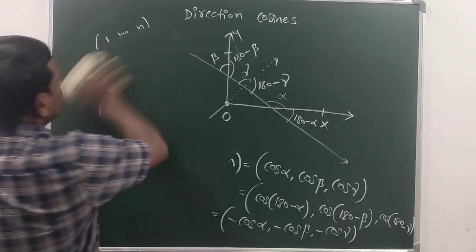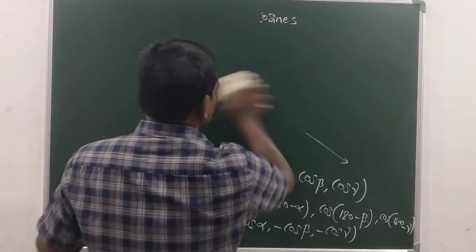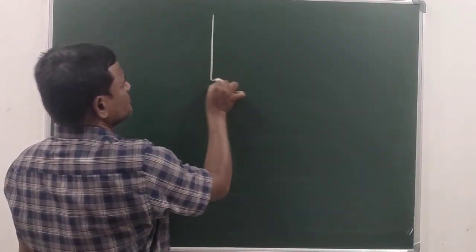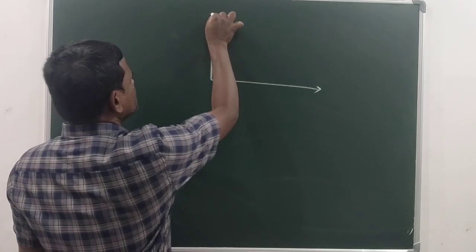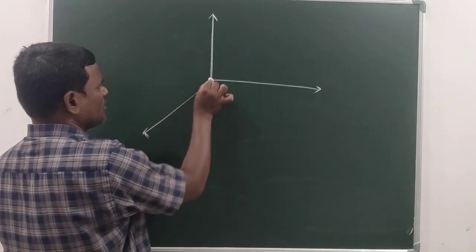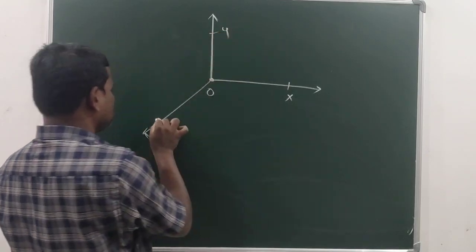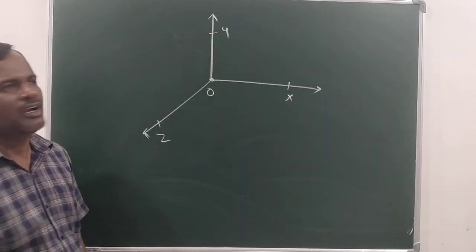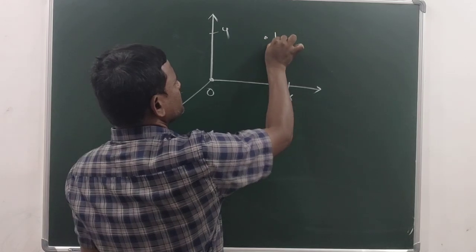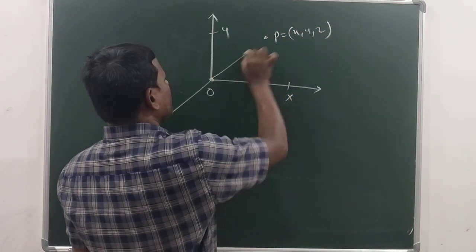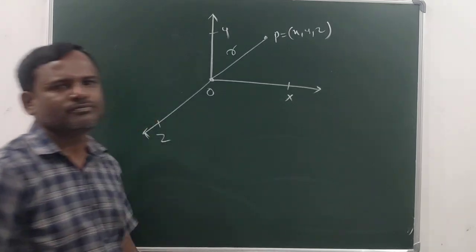Now, see students, suppose this is the origin, this is the x-axis, this is the y-axis, this is the z-axis. Take a point P(x, y, z) in space, which is r units away from the origin.